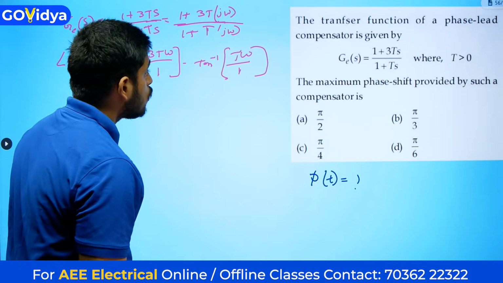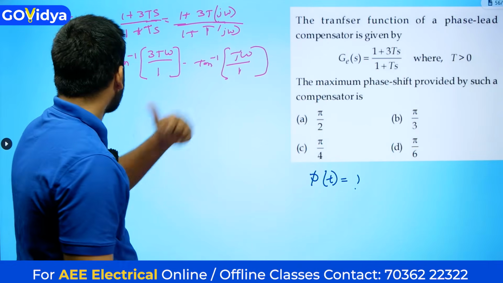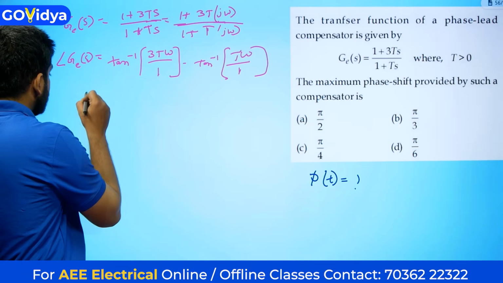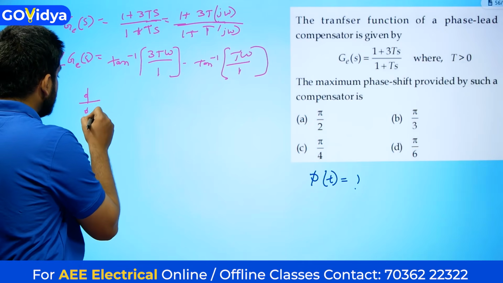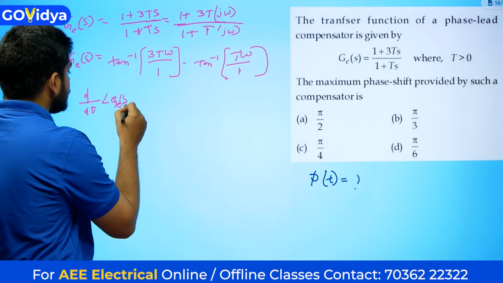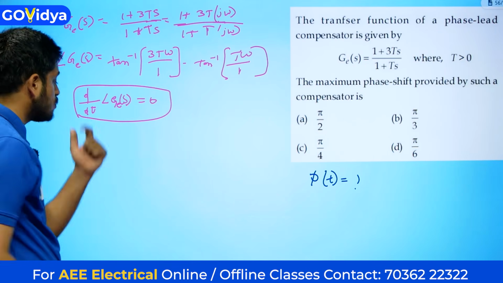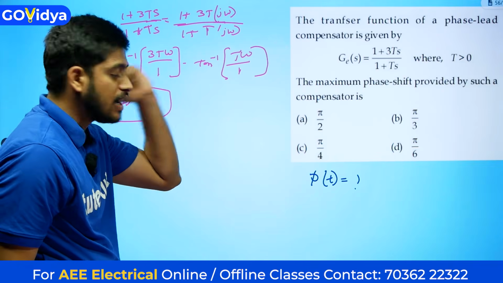Now, if the maximum phase shift is provided, what will be the condition? d by dt of the angle of Gc of s should be equal to 0. We are providing the maximum phase shift, so the differentiated expression will be equal to 0.